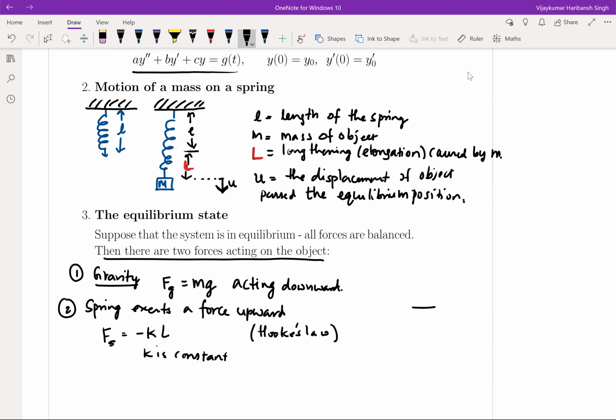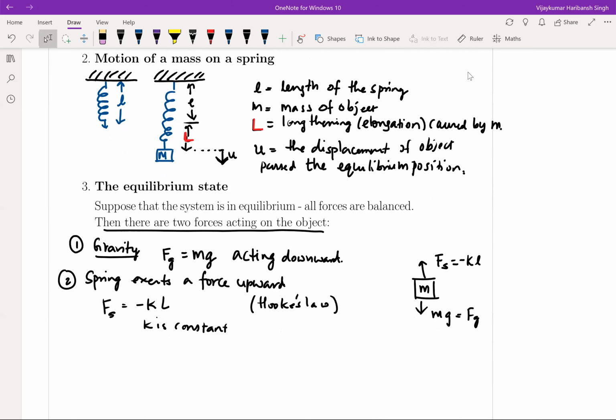So the idea is you have an object M. It has two forces acting on it. One is upward because of the spring, which is minus kL because of Hooke's law, and downward is the gravity, which is Fg. Okay, so these are the forces acting on it. K is Hooke's constant, also called the spring constant.